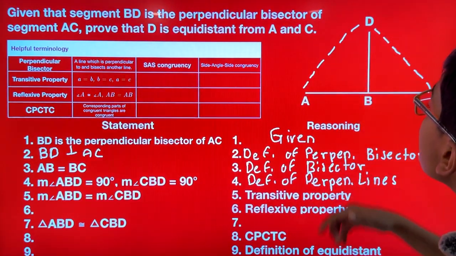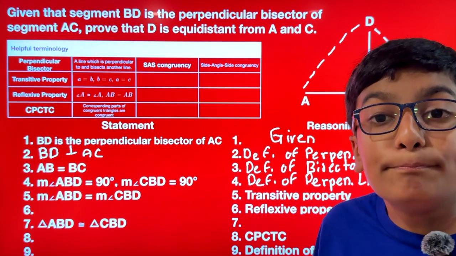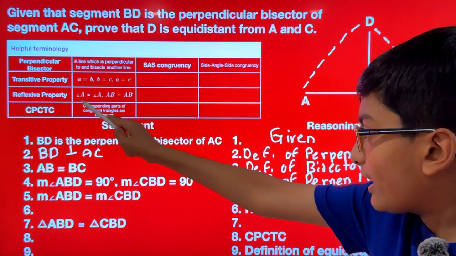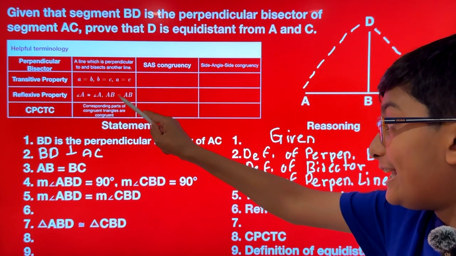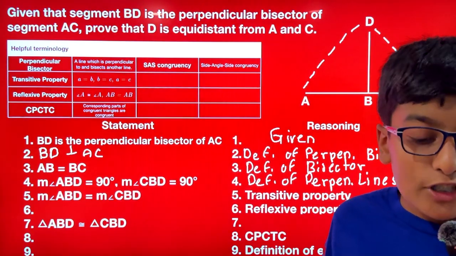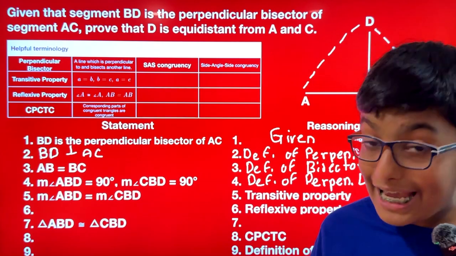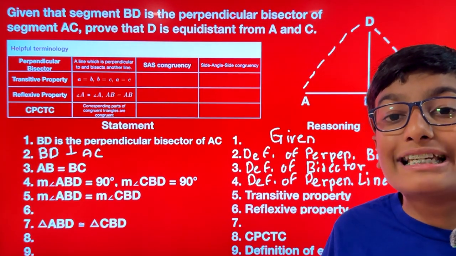So, we just need to show that BD is equal to BD. Well, that's called the reflexive property. Angle A is congruent to angle A, and segment AB equals segment AB. So, our sixth statement would be that segment BD is congruent to segment BD.